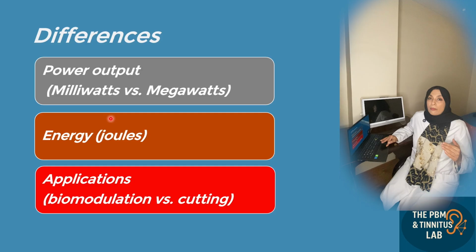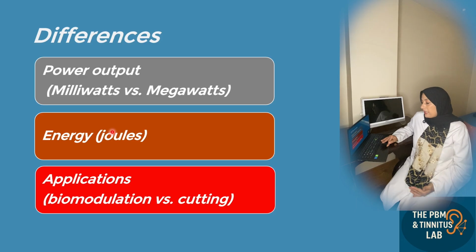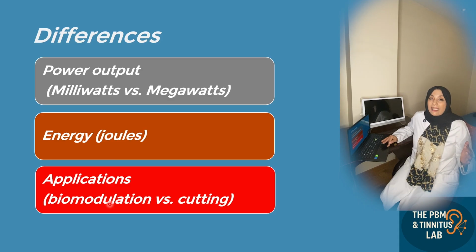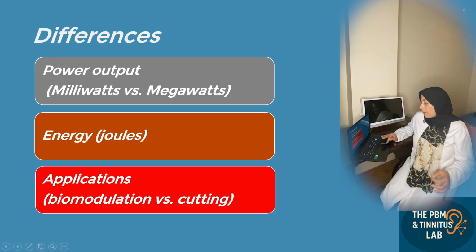When power is different, the energy will be different too. So there are different energies in low level lasers compared to high level lasers. And another difference is their application. Low level lasers are used for biomodulation, but high level lasers are used for cutting, ablation, or vaporizing the tissue.